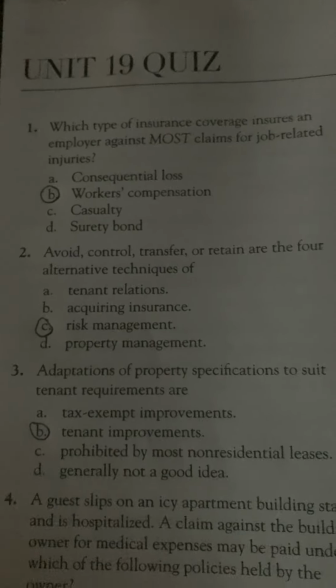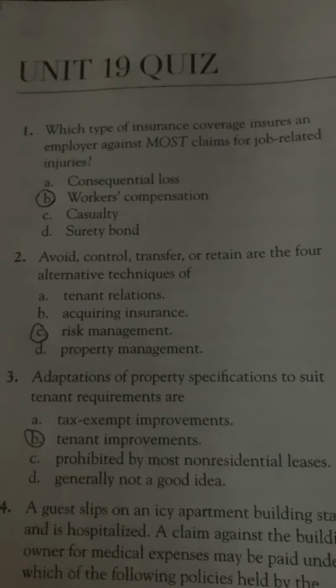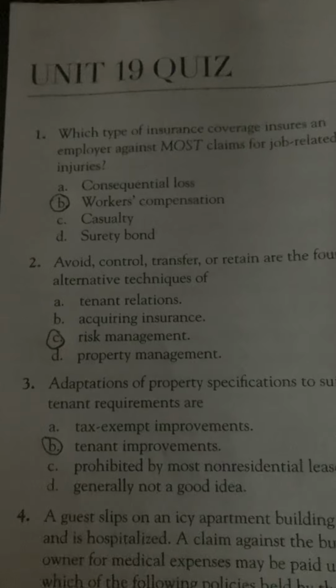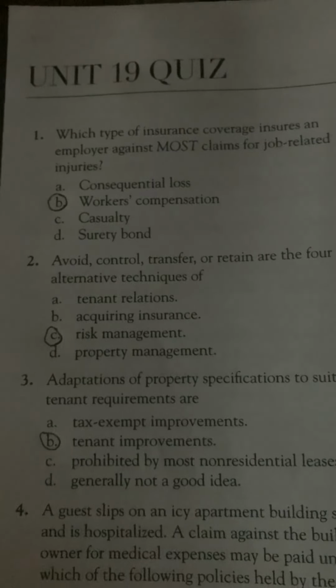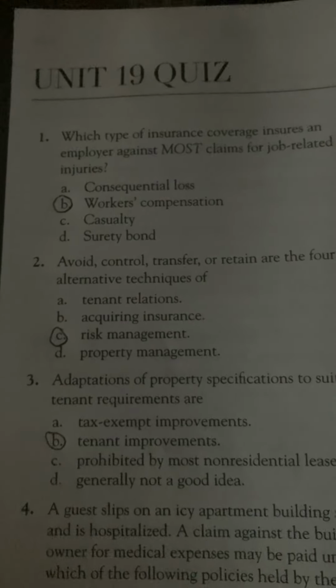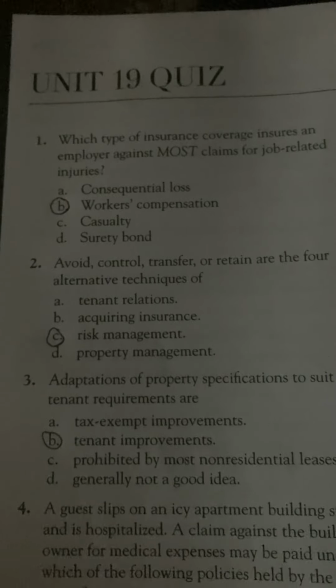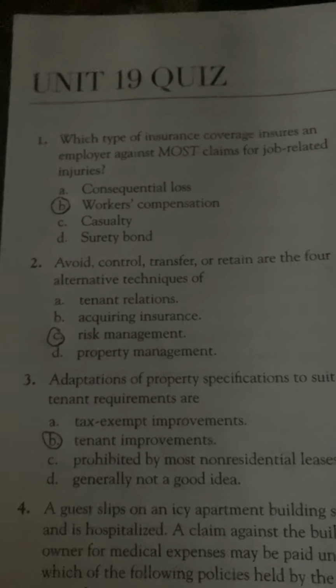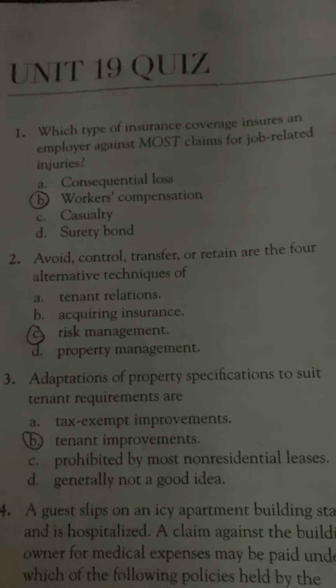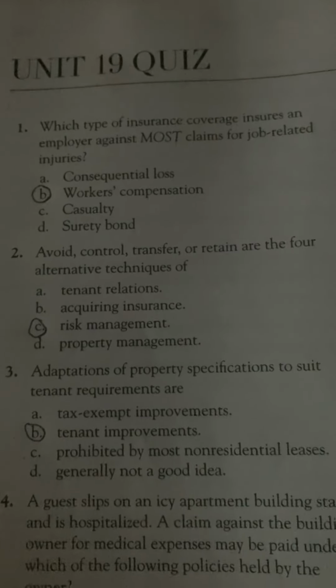A. Consequential loss. B. Workers' compensation. C. Casualty. Or D. Surety bond. The answer is B. Workers' compensation.